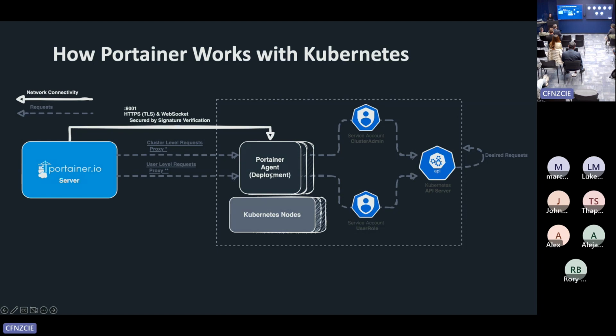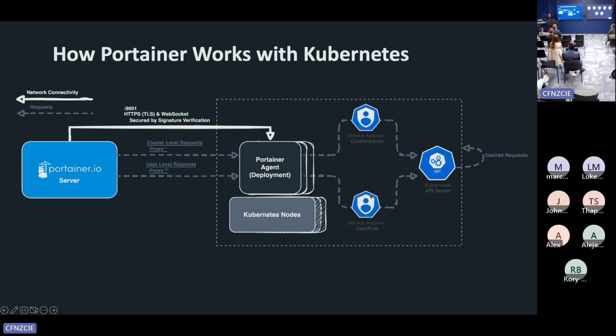Once the agent is registered by Portainer, there are 2 levels of proxy requests. First thing is the admin. And again, we are trying to do everything natively. So what we do in the backend is, if you are a cluster admin, then we will be using the cluster admin role, which is part of the native Kubernetes cluster role.